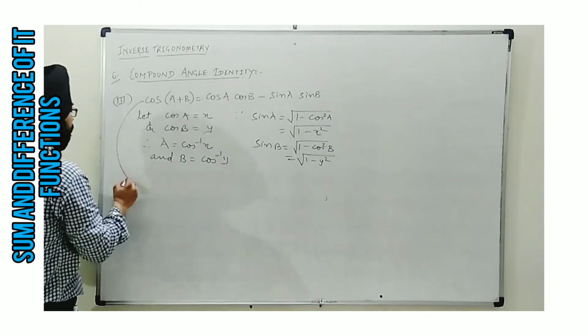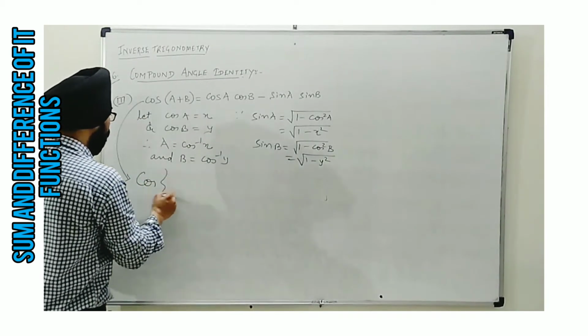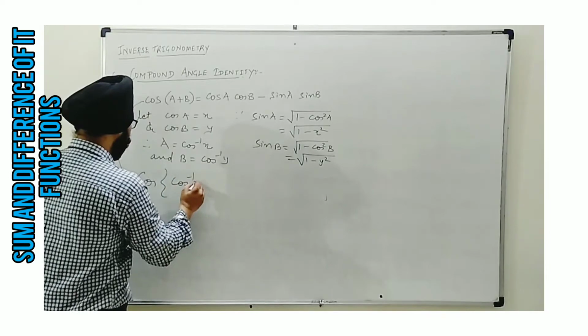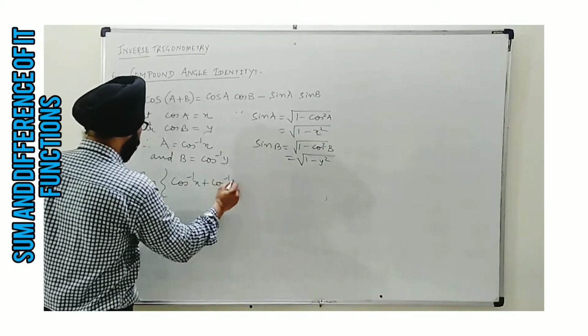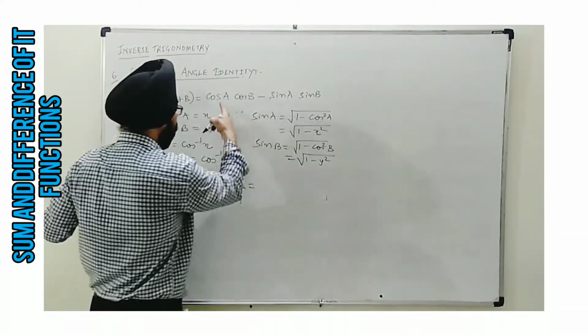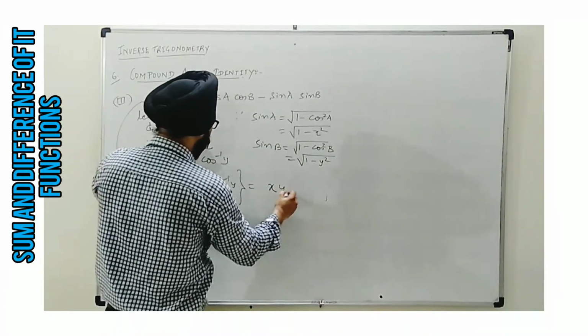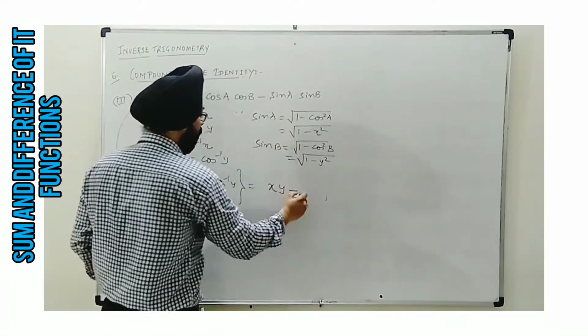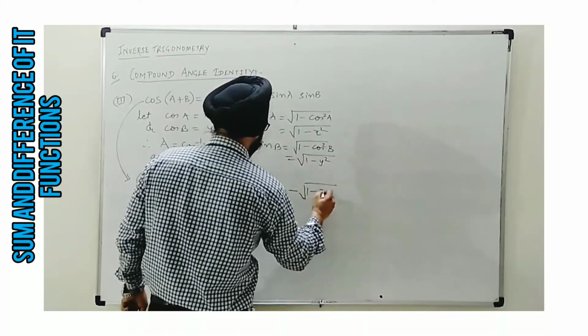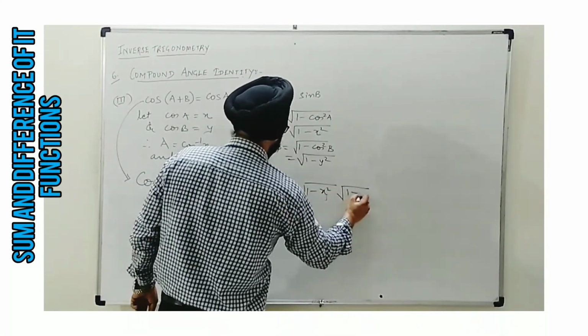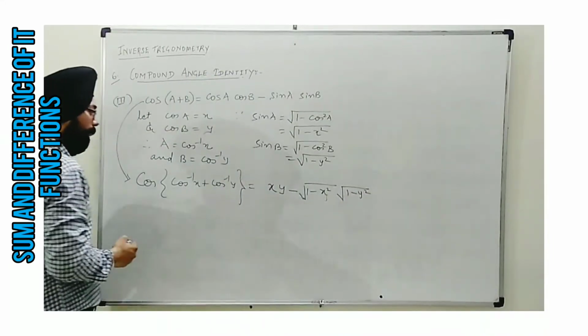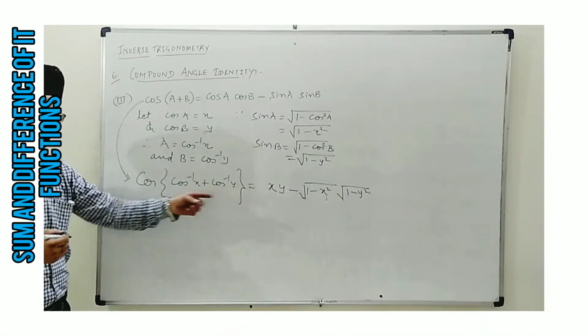The main identity is replaced by cos A as cos inverse x and B as cos inverse y. On the right hand side, these two values we have taken as x and y respectively, so x into y minus sin, which we have obtained as under root 1 minus x square times under root 1 minus y square. The only thing, we need to take cos inverse on both sides.